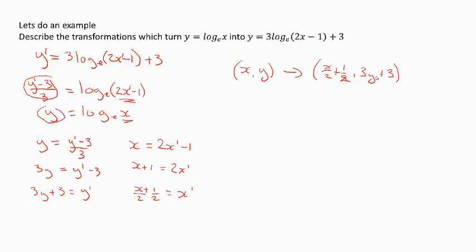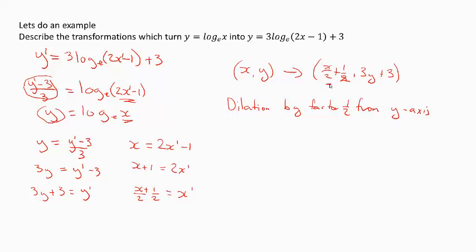Let's write that down in terms of what we had to describe the translations and the transformations. Well, we've got a dilation by a factor of 1/2 from the y-axis.